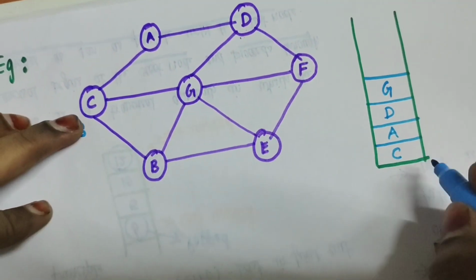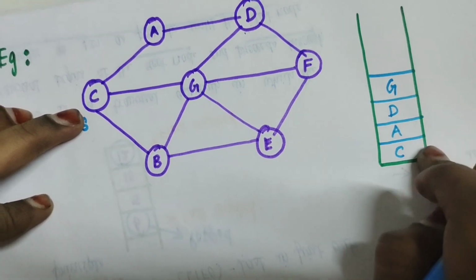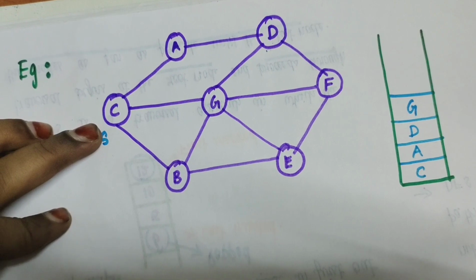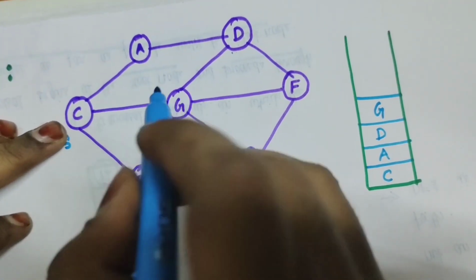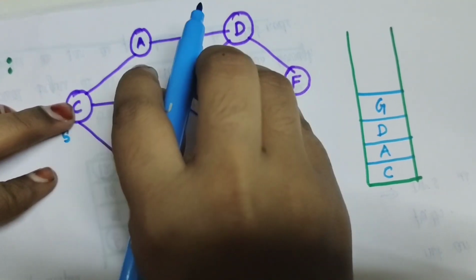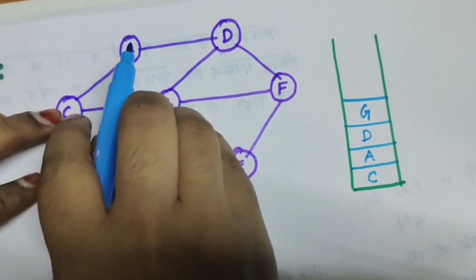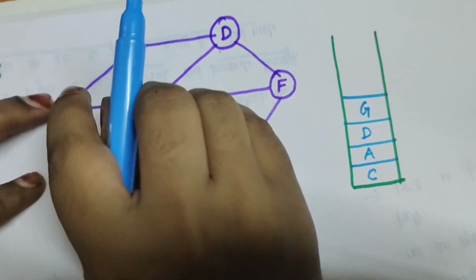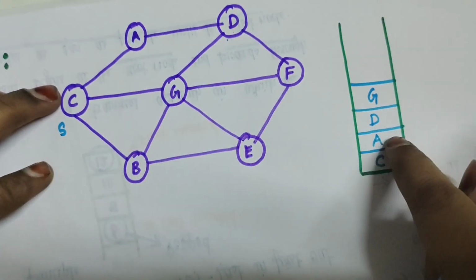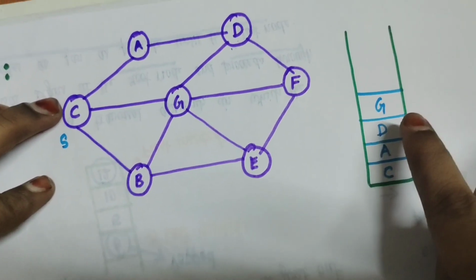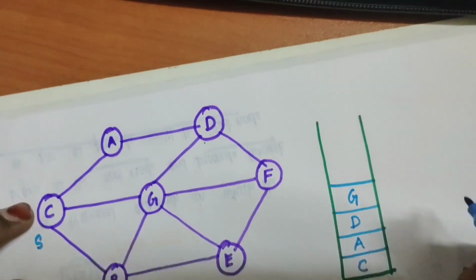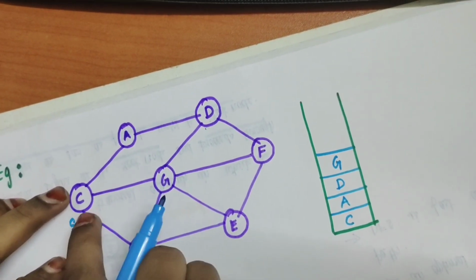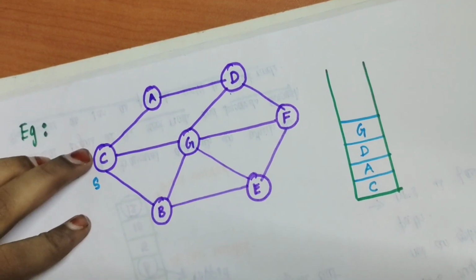So first I have written the starting node C. Here the difference in DFS and BFS is that in DFS only one adjacent vertex of the starting node will be pushed into the stack. But in BFS, we saw that all the adjacent vertices of the starting node were pushed into the queue.